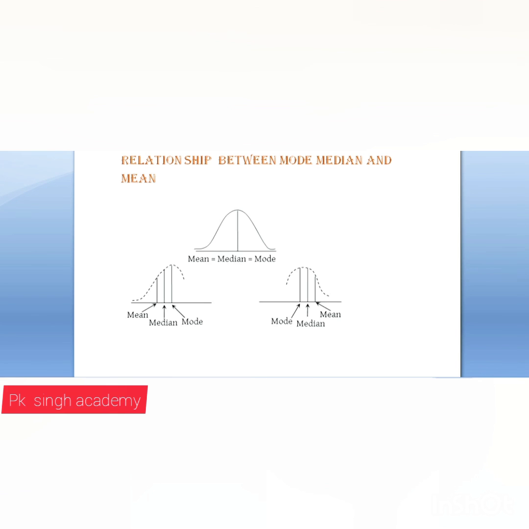Now if the graph is not normally distributed, there will be two cases: either positively skewed or negatively skewed. What are the characteristics of mode, median and mean in these skewed diagrams?